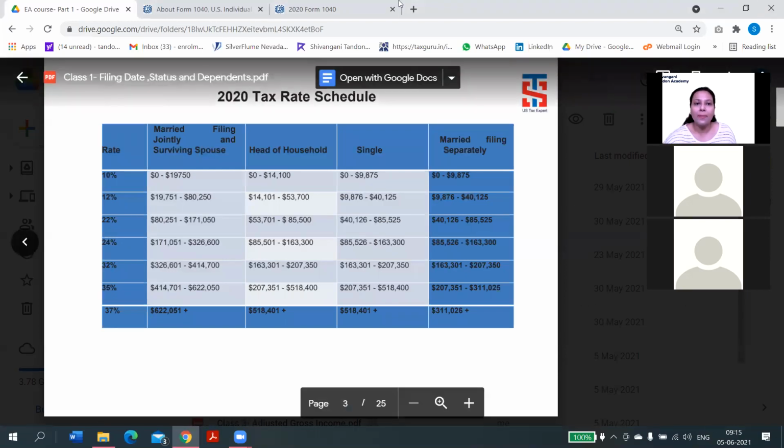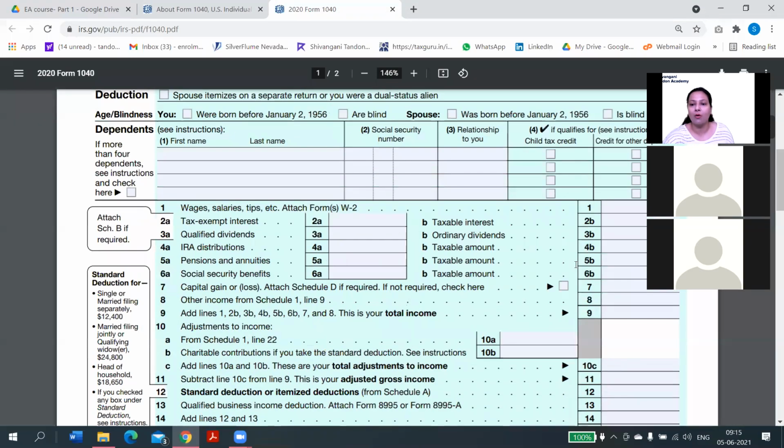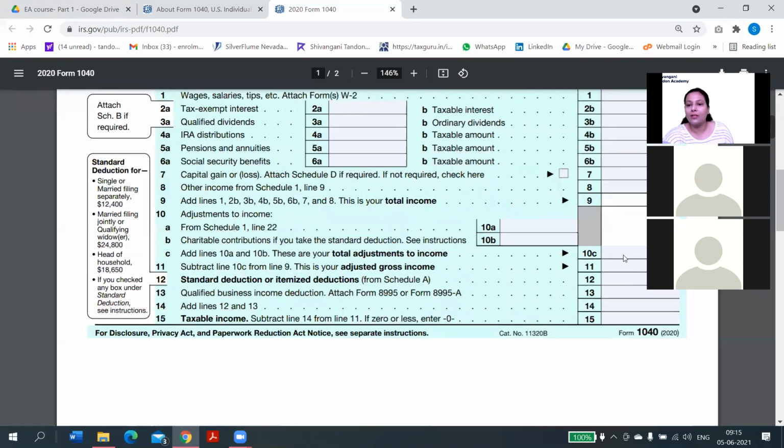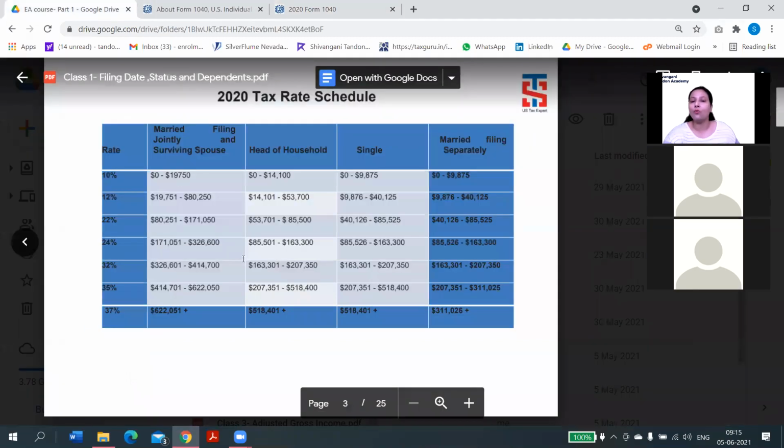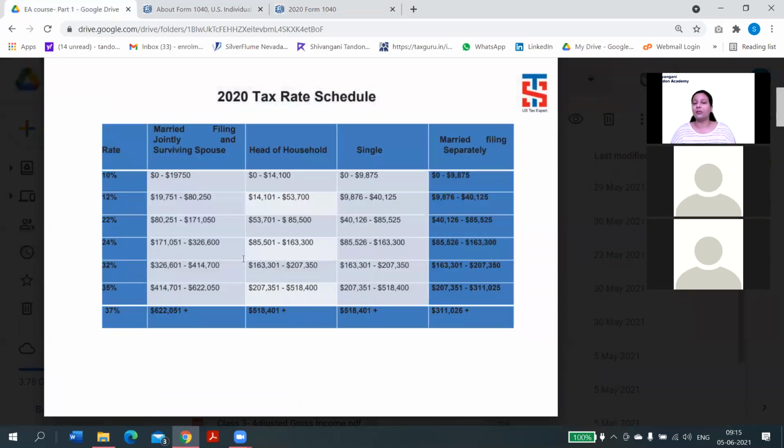The client will report the income on these lines, total income would be somewhere here, then you get a standard deduction which is higher than your income, and your taxable income comes to zero. So the IRS says if the standard deduction is higher than your gross income, or your filing status does not require you to file, do not file it. Do not waste your energy and time, or another person's energy and time.